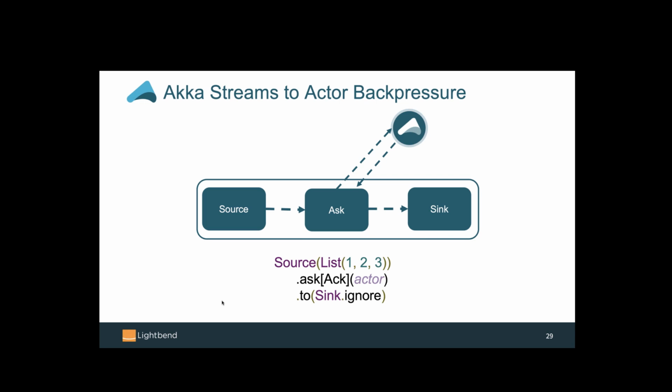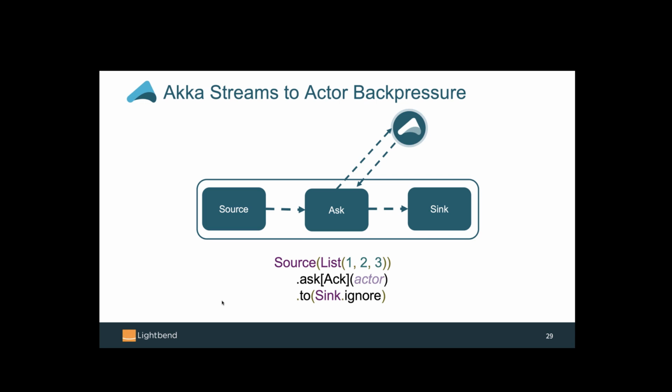What's nice about this pattern is, when you use an ask, you also have to set up a timeout. And if you don't get a response in a certain amount of time, you have to introduce the logic to respond to that. There are actor supervision strategies that you can set up that will be able to handle a lot of that stuff. So if this ask times out, this ask operation is actually going to fail.